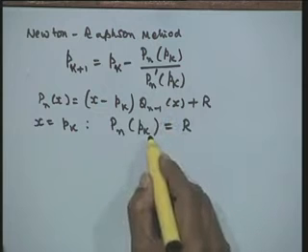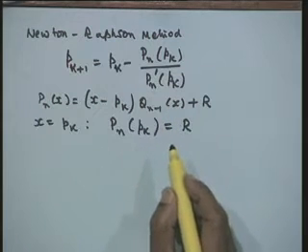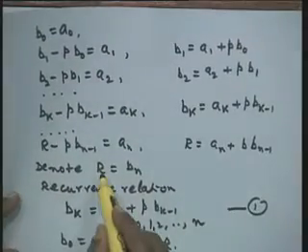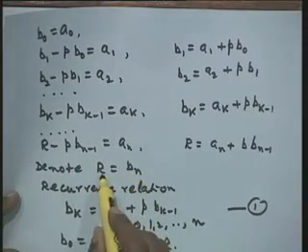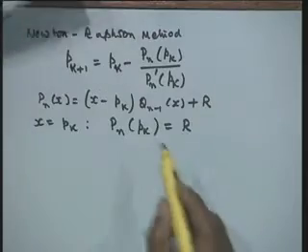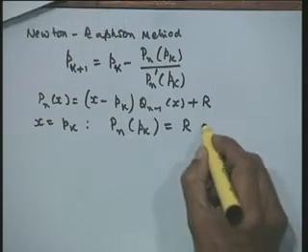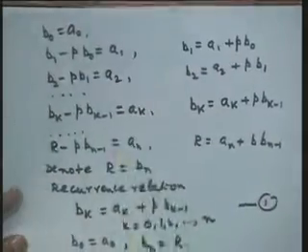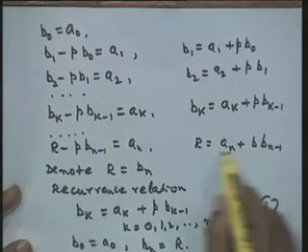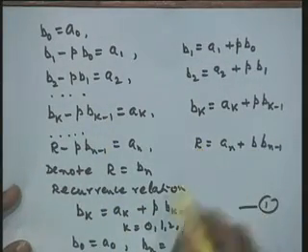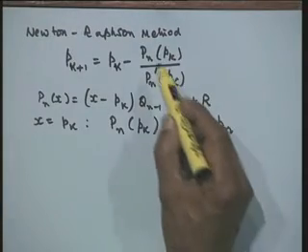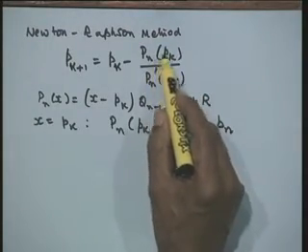So, the numerator in the Newton-Raphson method, Pn of pk, is nothing but r, which we have denoted as bn. Therefore, in the recurrence relation, the last term that gives me bn will itself give me the value of the numerator Pn at pk.